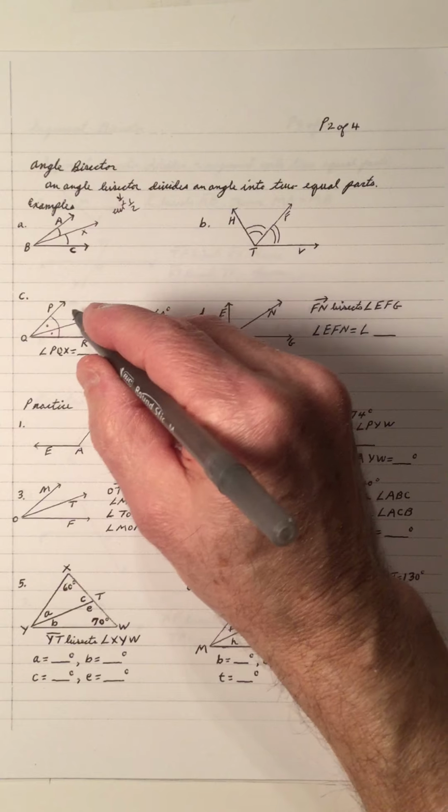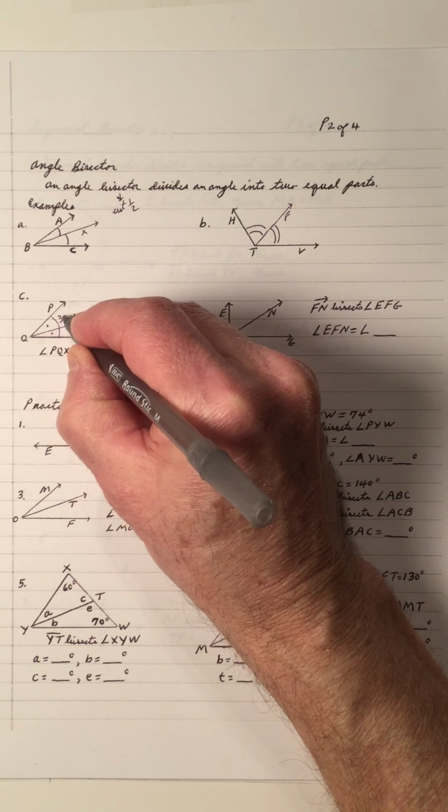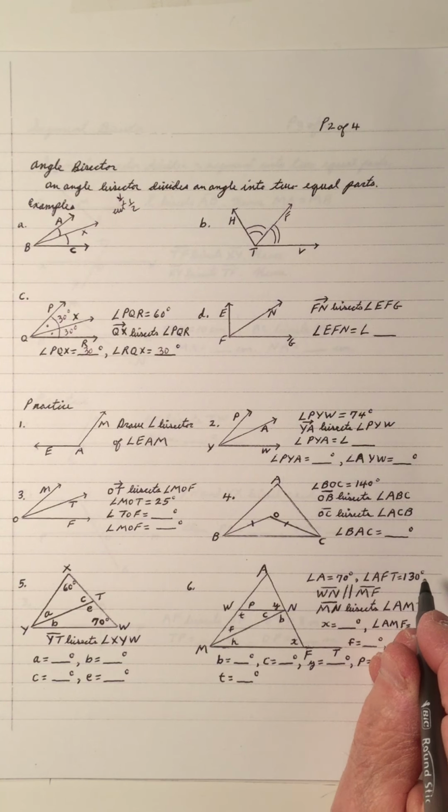In that case, if the big angle is 60, that means that PQX is 30 degrees and XQR is 30 degrees. It's 30 degrees each because a bisector bisects the angle into two equal parts.